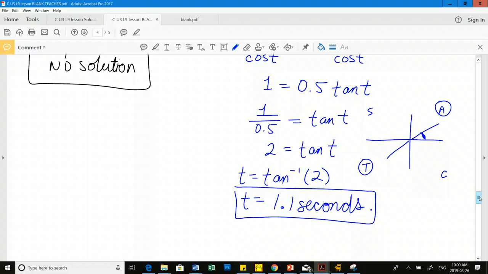Okay? Part C just asks us to determine the maximum displacement. So we're just taking this value and plugging it back into h at t. I'm interested in h at 1.1. So we're just going to calculate. That should be pretty easy.